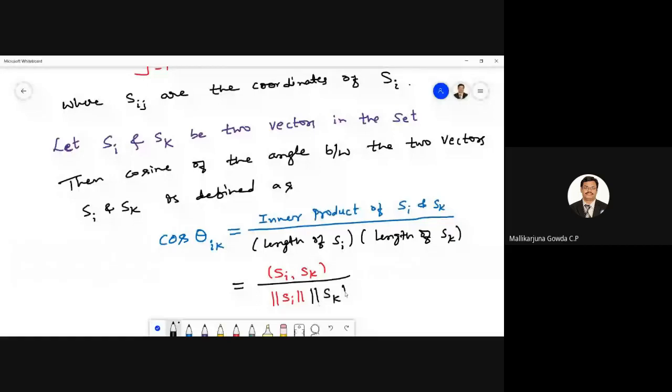So this is cos theta ik, the cosine of the angle between the signal vectors Si and Sk.